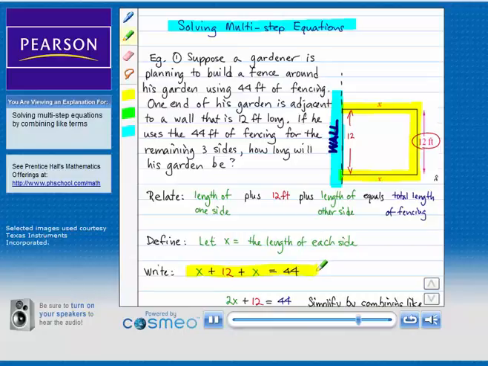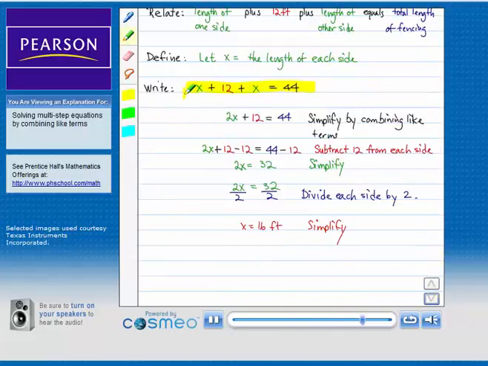In general, in any type of equation, whether it's 2 steps or multiple steps, what I want to begin by doing is simplifying as much as I can on each side of the equal sign.